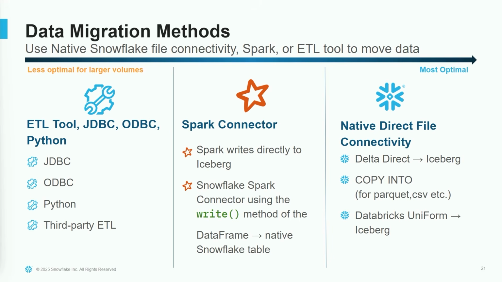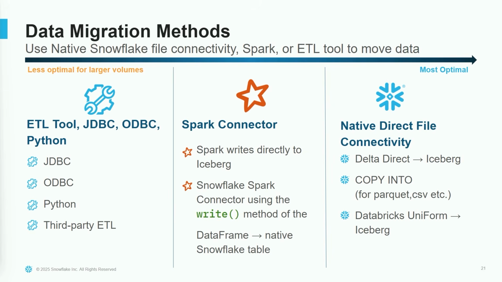It's just row-by-row operation, but if you're dealing with a lot of data, it tends to be a little bit slower. Other than that, for example, third-party ETL tools, we work with them. They're great, but again, those connectors may or may not be as optimized. That is not to say they aren't helpful.